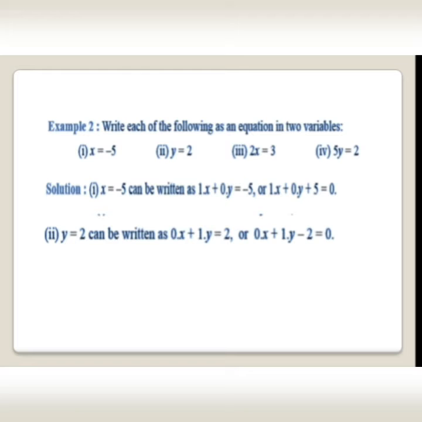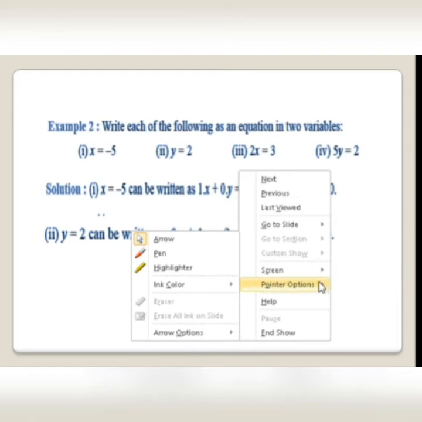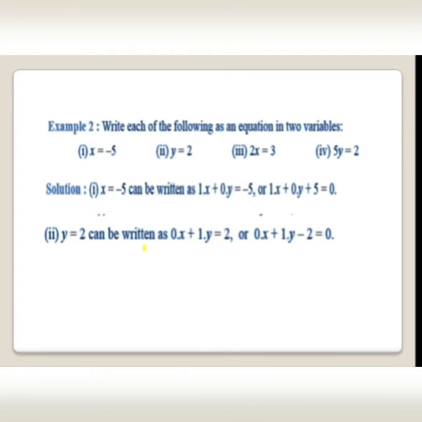Similarly we can do the next part also. Just see the next part. y is equal to 2, that is, the x term is not there, so we'll put 0 with x.